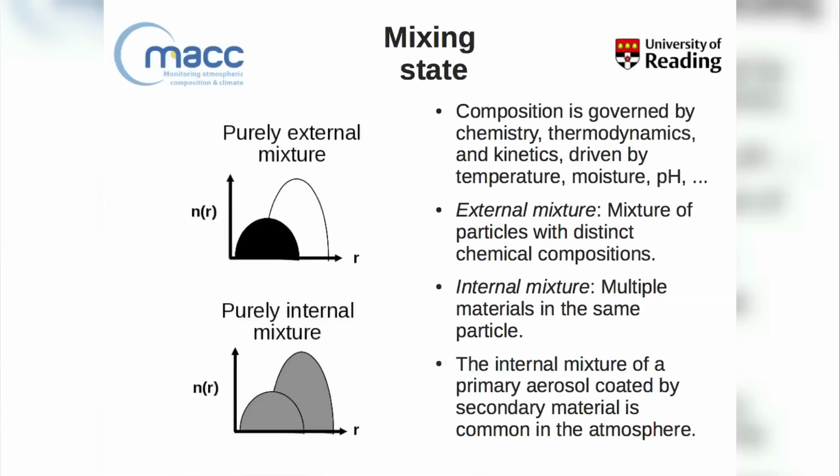So in a way, if you represent that as a size distribution, you could say that in an external mixing case, you can have, for example, all of the smaller particles are black carbon, and then the larger particles are purely sulfate. But that would be very much of a simplification, because in the atmosphere, most of the time, the internal mixture is what we get.